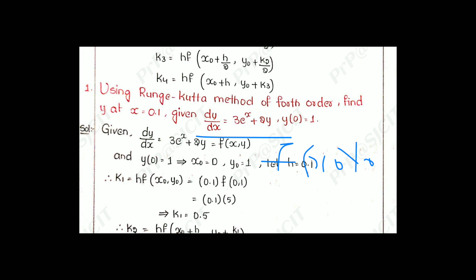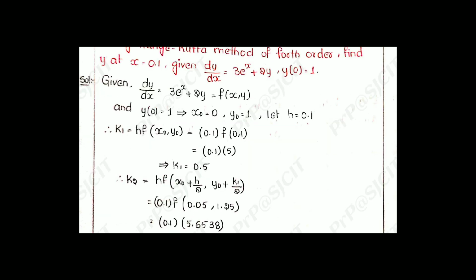Y of 0 equal to 1 means x is 0, y is 1. Substitute x equal to 0, y equal to 1, then 3 e to the power 0 is 3, plus 2 into 1 is 2, equal to 5. This 5 is the f of x naught comma y naught value.